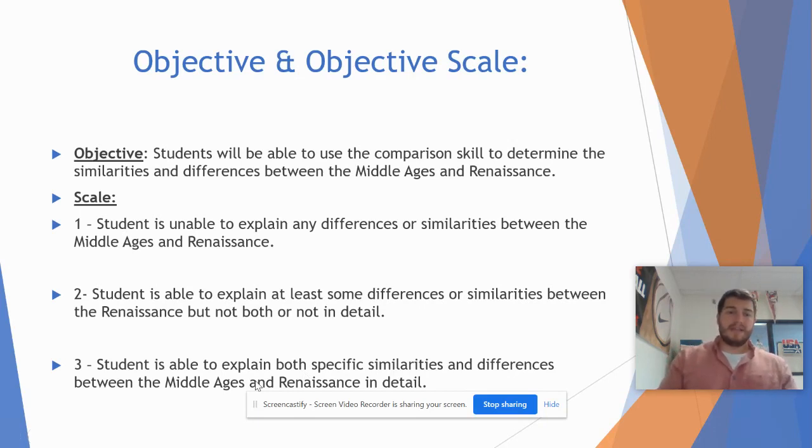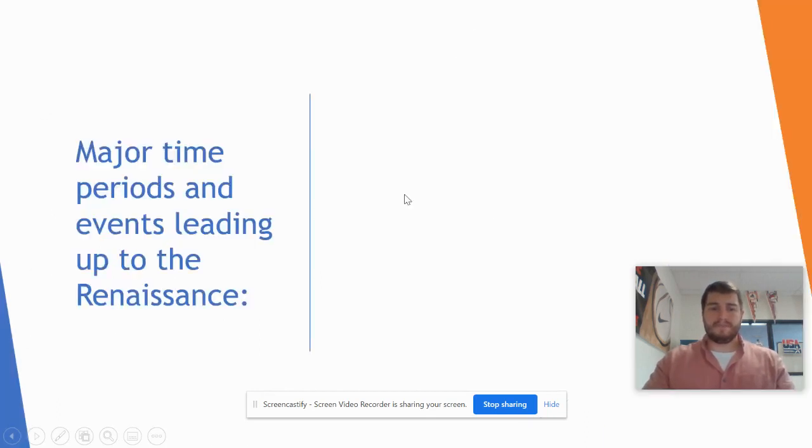So at the end of your Machiavelli sheet that we're going to do at the very end, I want you to put one of those numbers to rate yourself and where you think you are. Now, this is just for me to get a heads up about how well you did with today's assignment and how well you're internally processing it. No one's going to be a 3 every day. It's okay if you're at a 1 sometimes, but it's important that I know that so we can try to simplify things and catch you up a little bit.